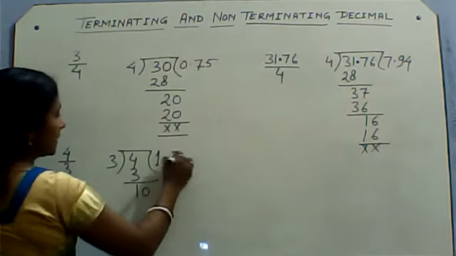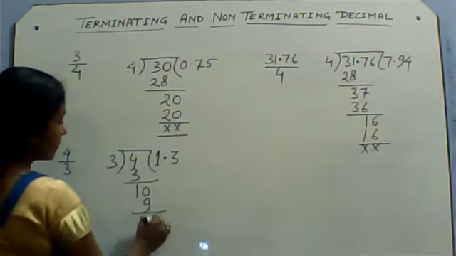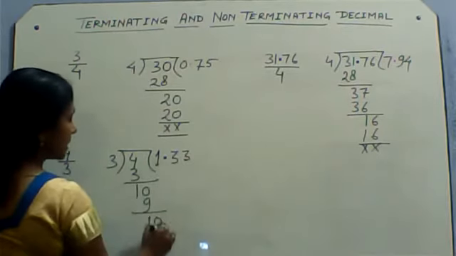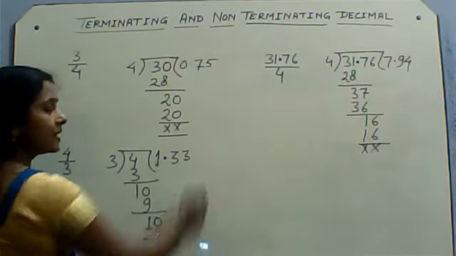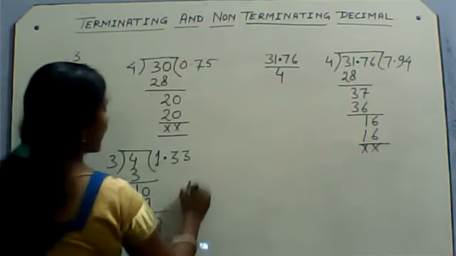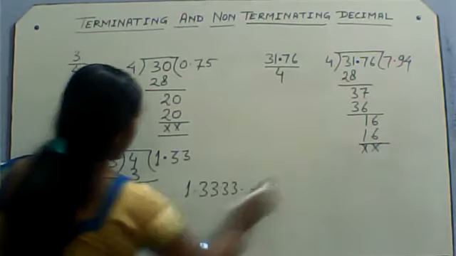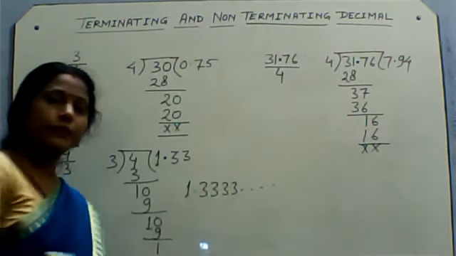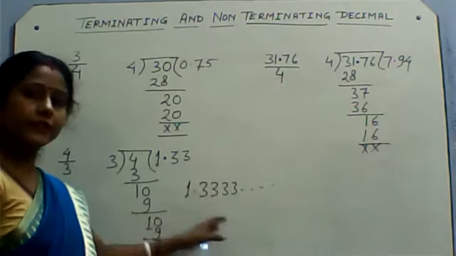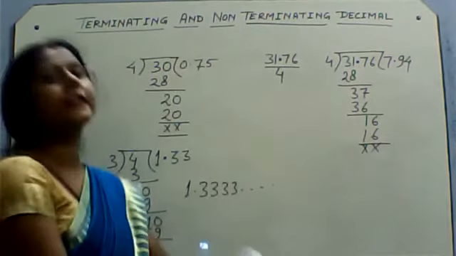Now 3 threes are 9. Again you will get 1, put 0. 3 threes are 9. Again you will get 1 and put 0. You will see that you will get 1.3333 and so on, and the remainder will come 1, 1, 1 and so on. So it will come 1.3333 and so on. Infinite times it will come.